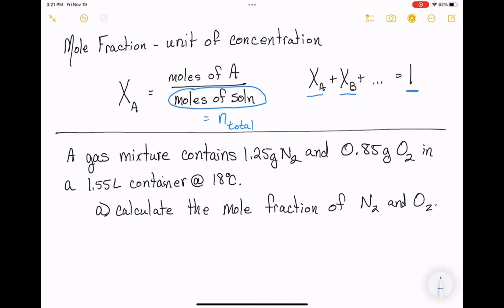Well, the first thing we've got to do before we can calculate a mole fraction is get the moles of each of our substances. So we're going to take that 1.25 grams of nitrogen and convert that into moles of nitrogen, with the fact that there are 28.02 grams of nitrogen in 1 mole of nitrogen.